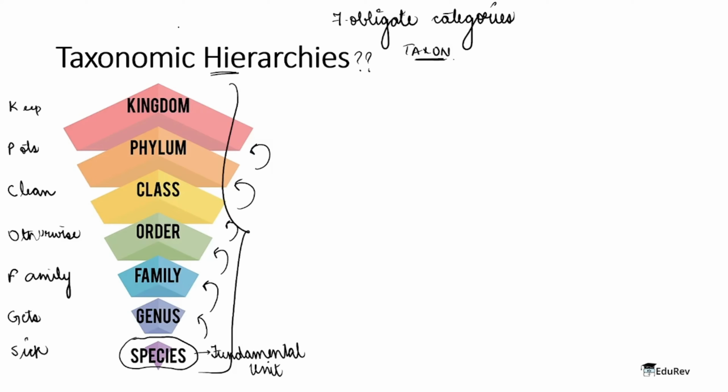So here keep is for kingdom, pots is for phylum, clean is for class, otherwise is for order, family is for family, gets is for genus, and sick is for species.